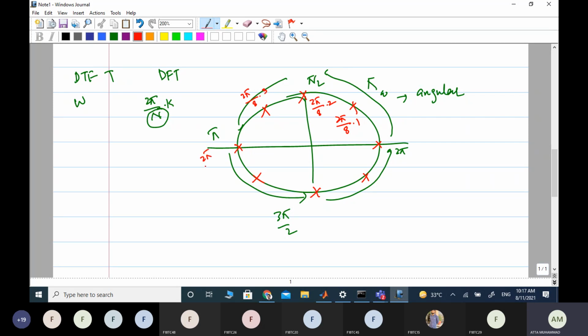This must be 2 pi by 8 times 4, then 5, then 6, and 2 pi by 8 times 7. Now you can see here that if I take 2 pi by 8 times 8, then it is equivalent to 2 pi by 8 times 0. So all we need is n minus 1 points. So our k exists from 0 to n minus 1, right?